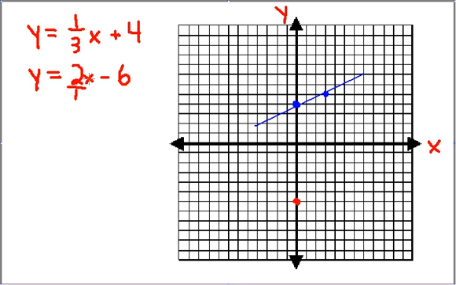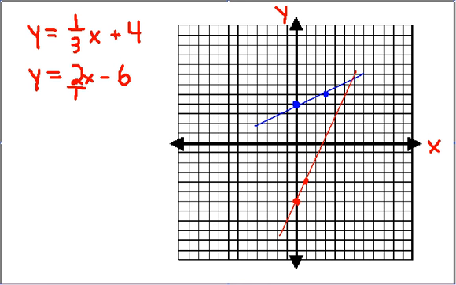We start at this point down here and we go up 2, which represents the rise, and over 1, which represents the run. Then we connect those 2 points together, and if we extend it, we'll see that they intersect over here at this point.